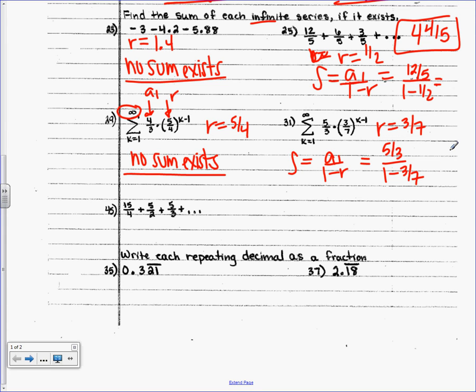If you don't feel confident that you're going to remember that, you don't have to. If you know you're going to get them confused, you could plug 1 in for k, and that would give you your first term. If I plug 1 in for k, the exponent becomes 0, and anything to the 0 is 1, times the 5/3. So A sub 1 is 5/3.